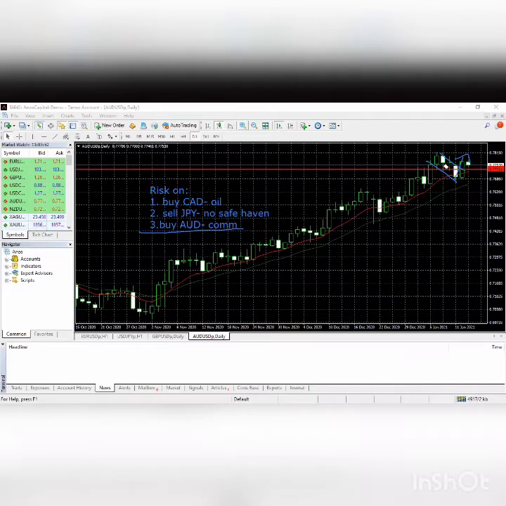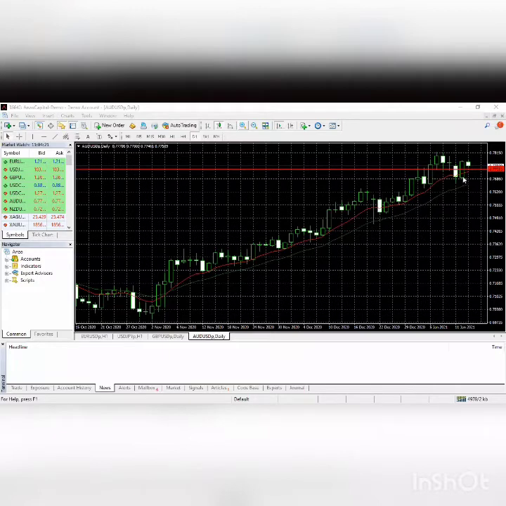So this big candle actually is the validation of our interpretation na risk on. So ngayon, paano natin siya tinrade? Paano natin siyang pinasukan?